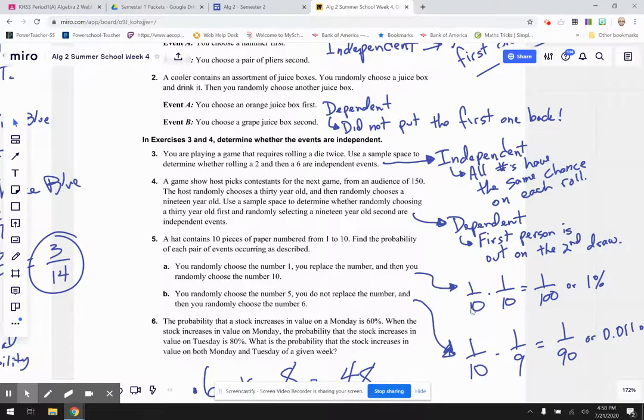But you put it back in, so there's still 10 pieces of paper in there. So then when you reach in a second time, there's still one number 10 in there, and there's still 10 pieces in there. So 1 out of 10, 1 out of 10, they're the same probability. They're independent. Multiplying them together means it's going to be 1 out of 100 chance of getting a 1 and then getting a 10, or a 1% chance of getting that.